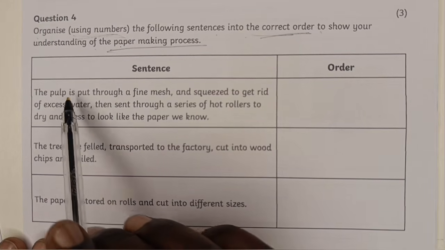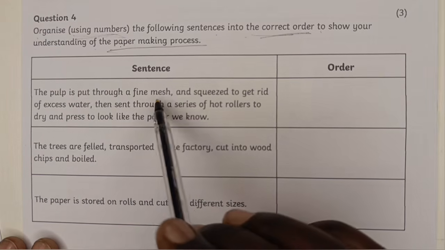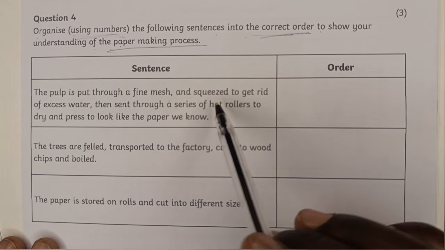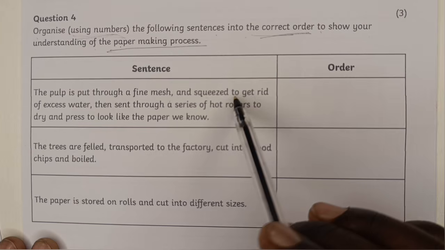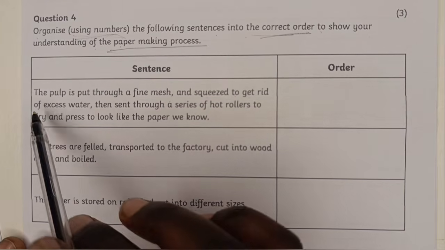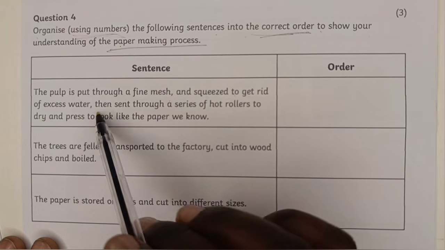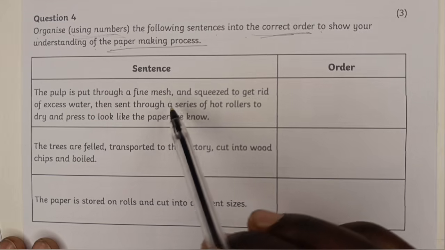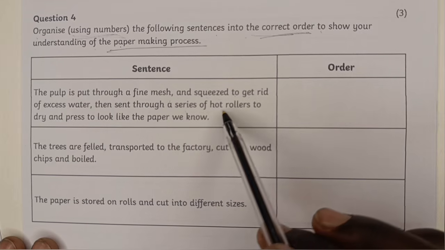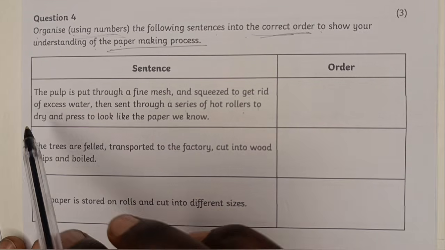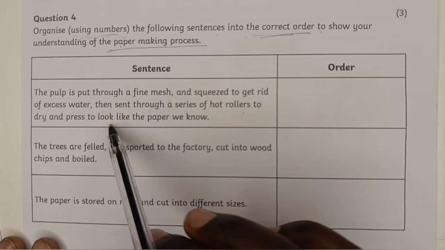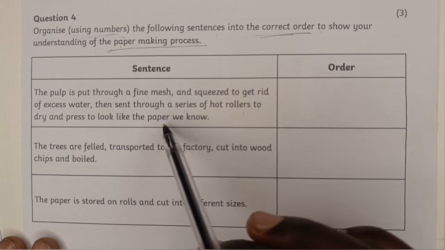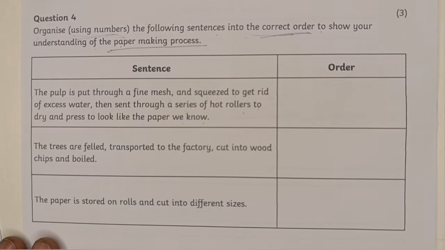The pulp is put through a fine mesh and squeezed to get rid of excess water, then sent through a series of hot rollers to dry and press to look like the paper we know.